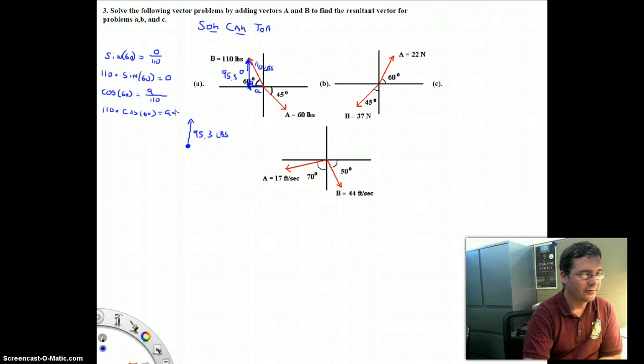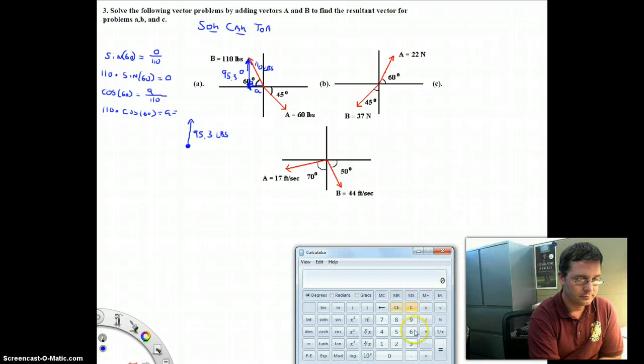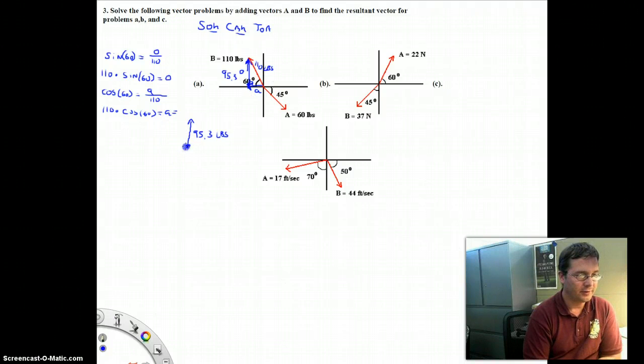Cosine of 60 is 1/2 times 110, 55 pounds. And if we look at the direction of this angle, it is to the left, so we're going to have a leftward pull of 55 pounds.